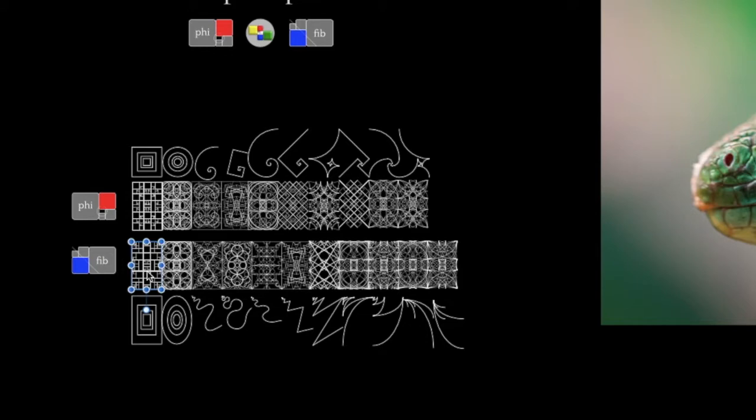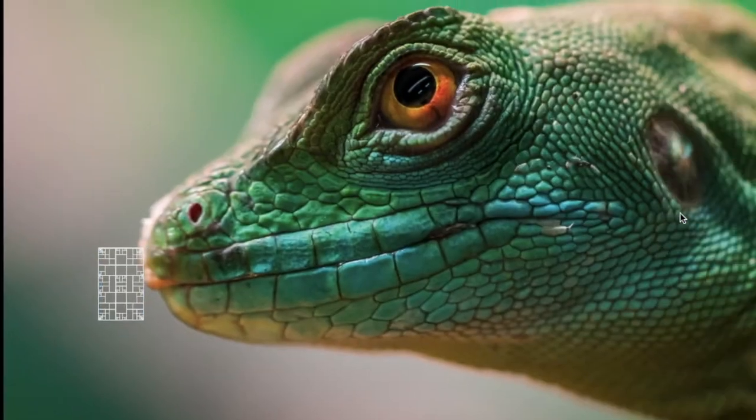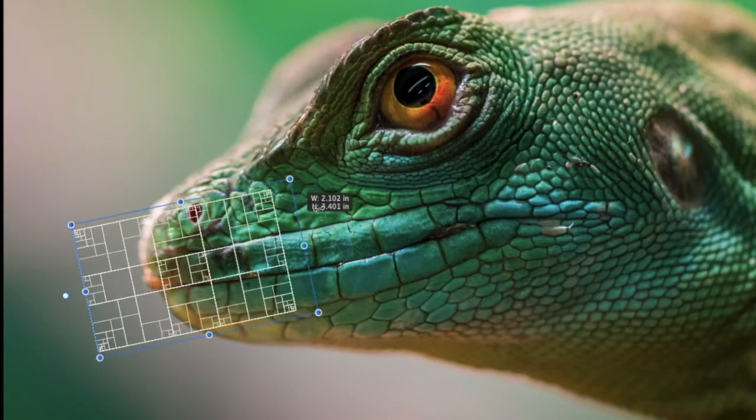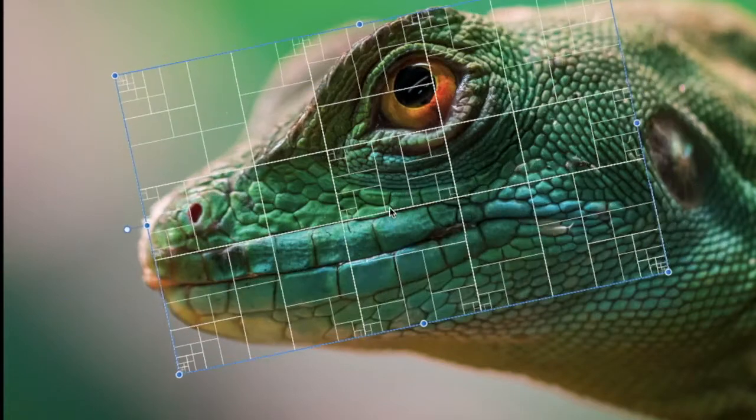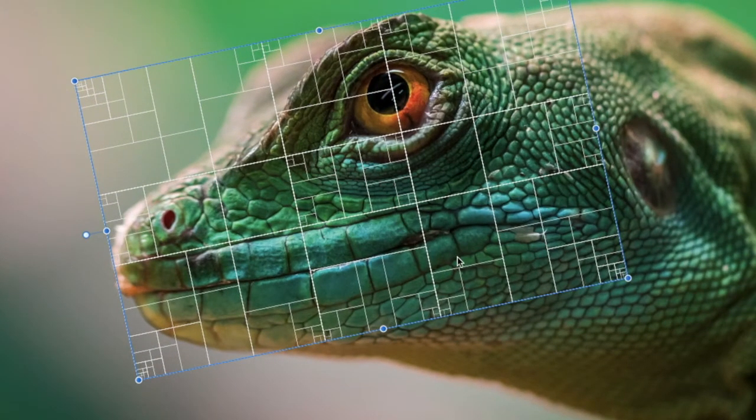Let's try that same kind of map, but in the other pattern, our Fibonacci line pattern, and see if it says any different. I mean, there is an argument for this, and also that the eye goes so high there.